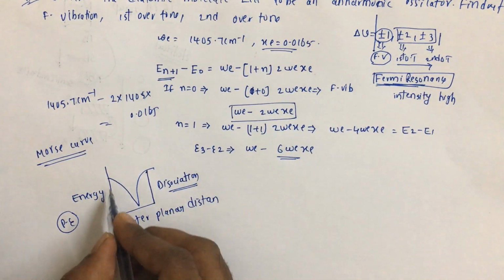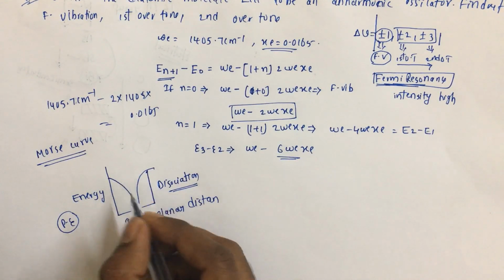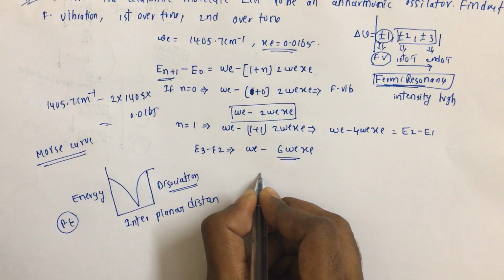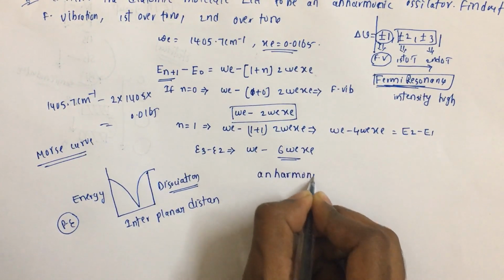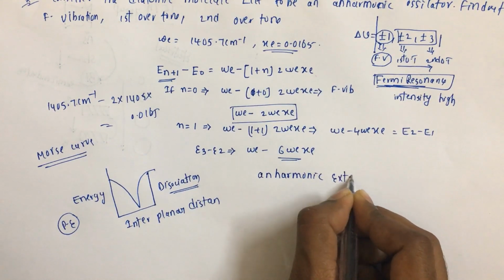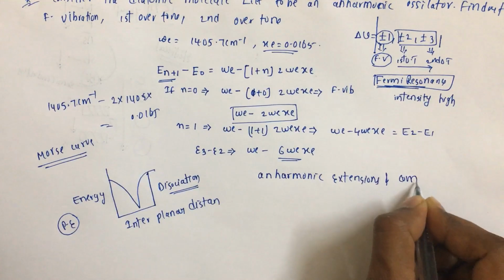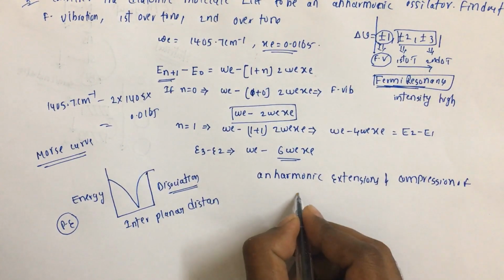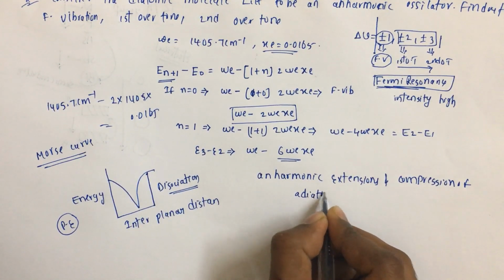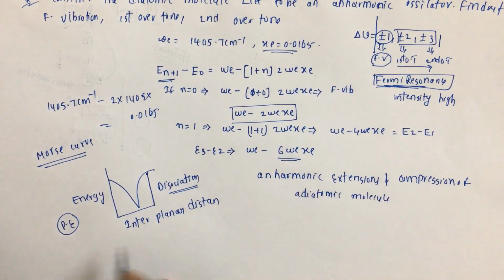Okay, so what does this Morse curve show? It shows anharmonic extensions and compressions of a diatomic molecule. So just remember these four points.